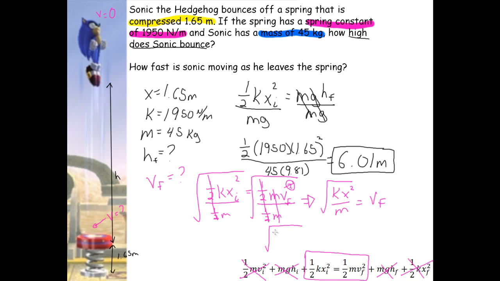Now let's plug in our numbers and work them out. The square root, k is 1,950, my x squared is 1.65 squared, all over my mass, which is 45. So now it's just a matter of plugging this into my calculator. You go ahead and do it while I'm doing it.